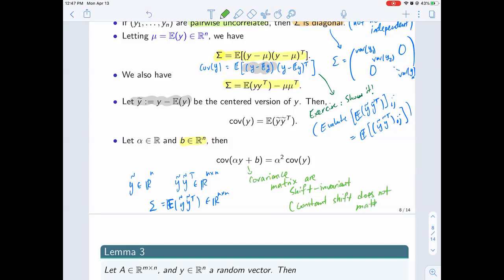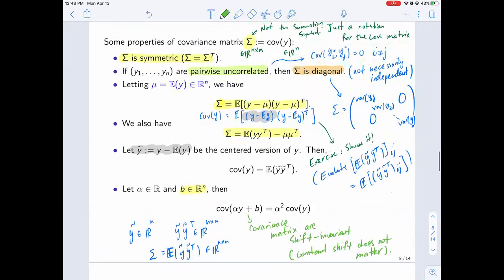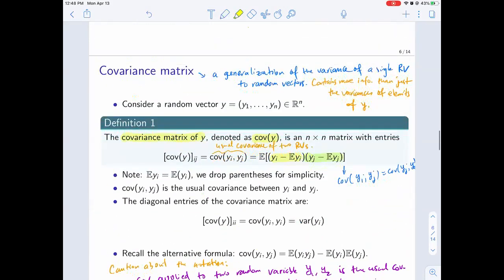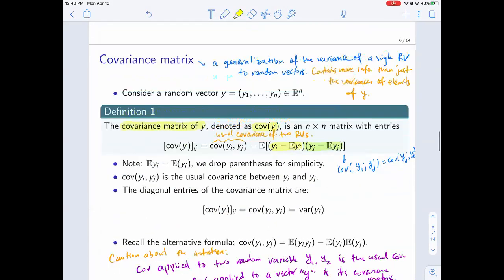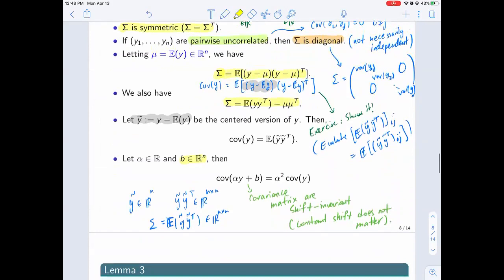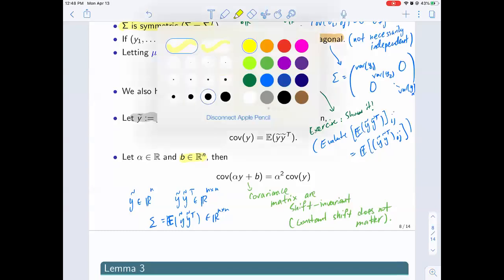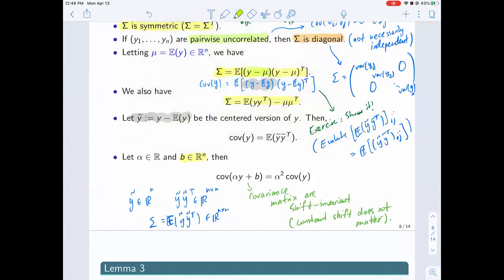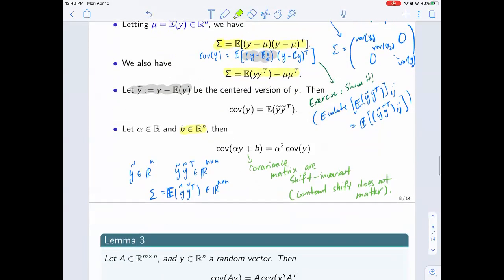This is similar to the covariance of pairwise random variables. If you shift a random variable, you don't change its covariance with something else. And the reason is that all these things are defined in terms of the centered variables. So once I take the expectation it would have the same shift, and then I subtract, I remove that shift. And you can also see it in these formulas as well. If you shift y by a constant b, the expectation would be shifted by the same constant, and so the centered version is going to be unaffected.